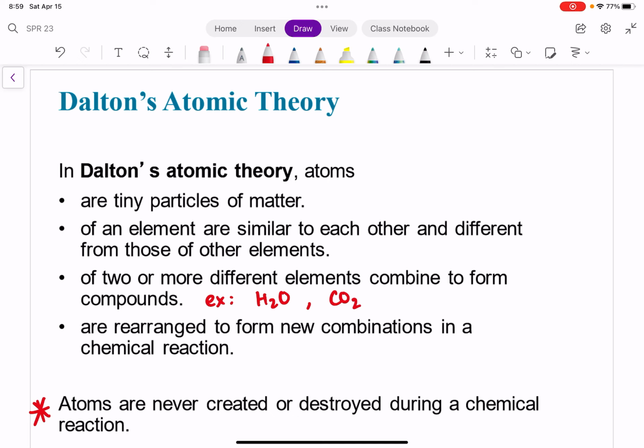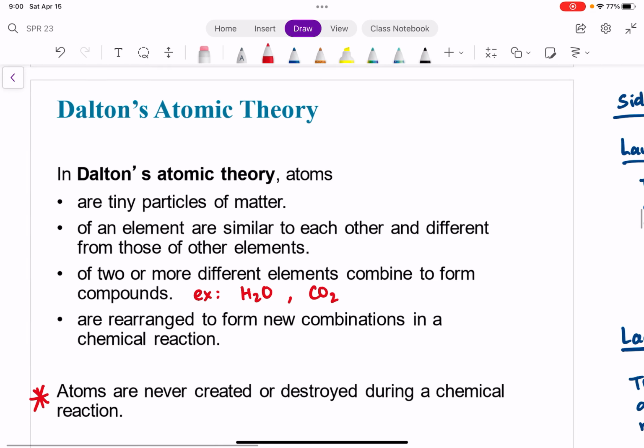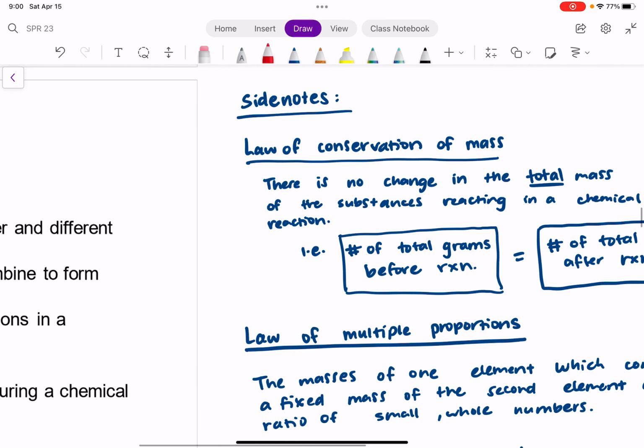And this is really important, so I'm putting a star next to it, because atoms are never created or destroyed during a chemical reaction. So the atoms that you start with are the atoms that you end with. They might be bonded to different things. They're in different combinations than when you first started, but they are still all there. Okay, they're not created or destroyed during that reaction.